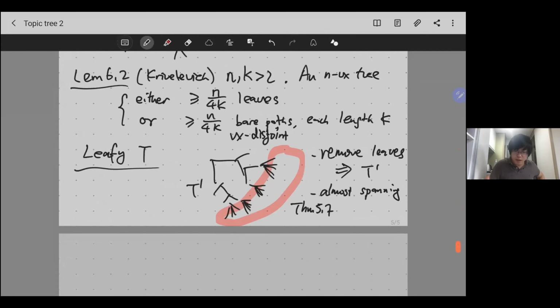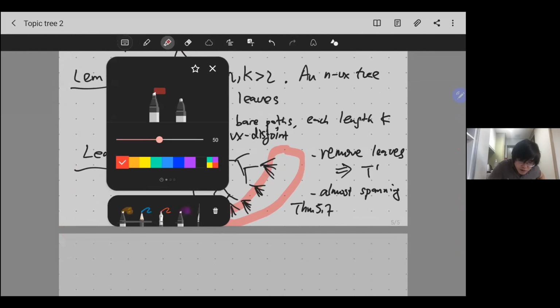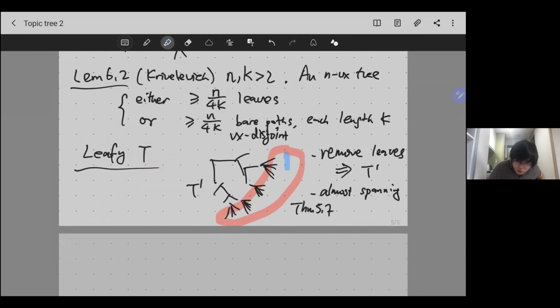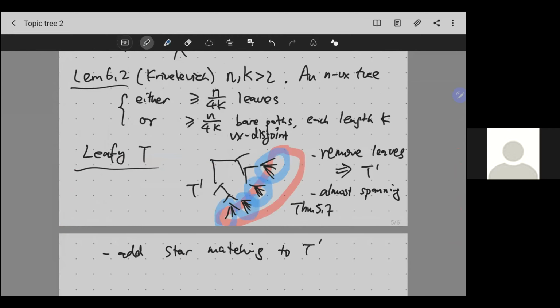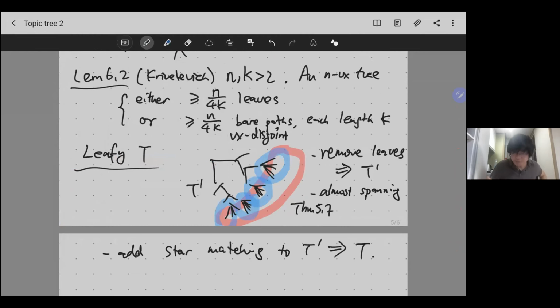Then all that's left to do now is to add the star matching back to the right place, to get T, okay? You have another question in the chat?